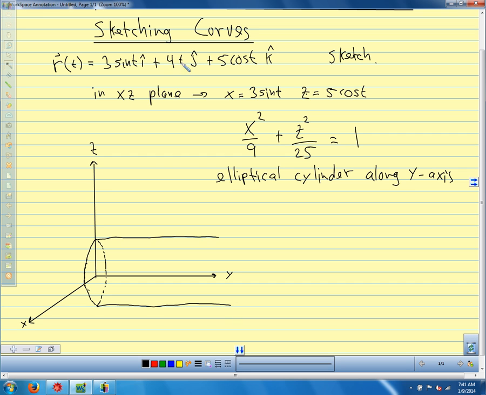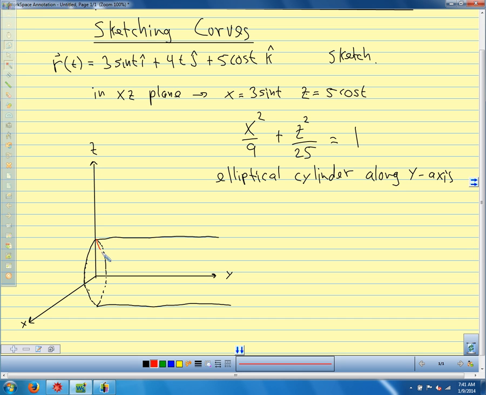As t increases, as our parameter increases, it's going to move along the y-axis kind of in a linear fashion. So what kind of motion is going to happen? It's going to spiral around this cylinder. So it's going to do something like, let me draw the curve.